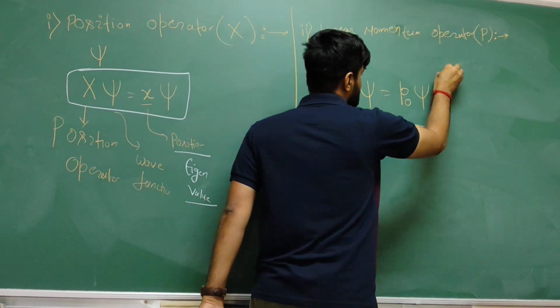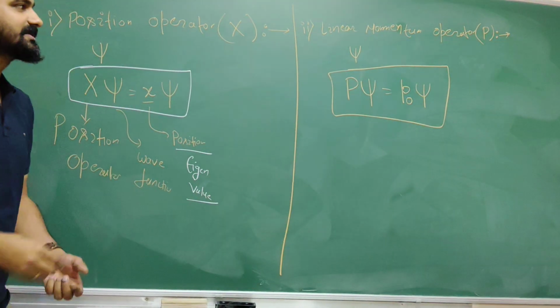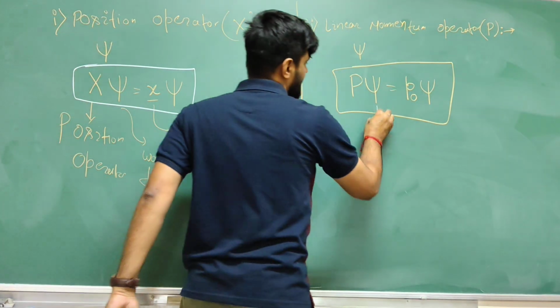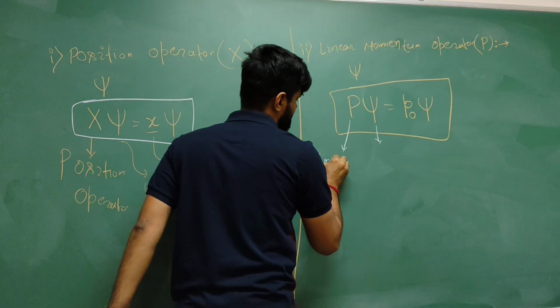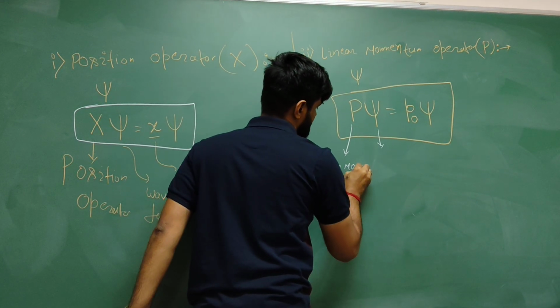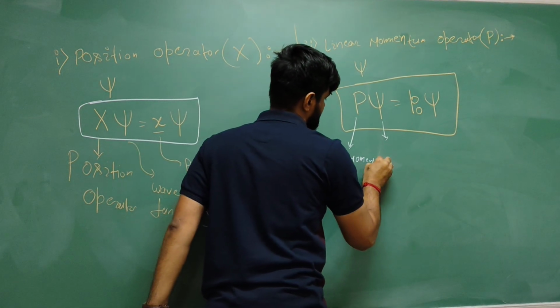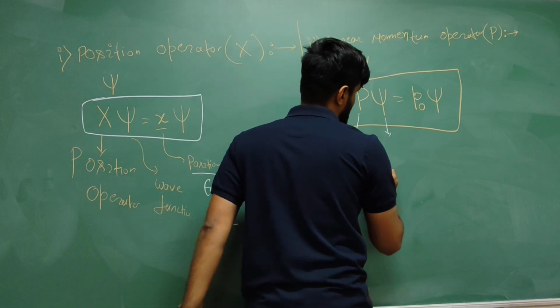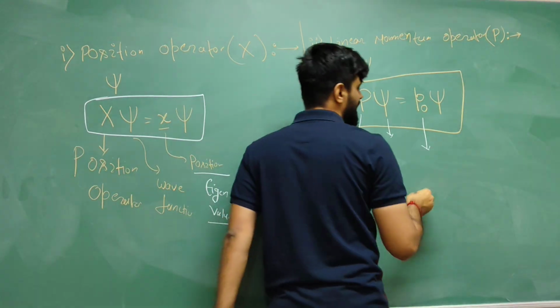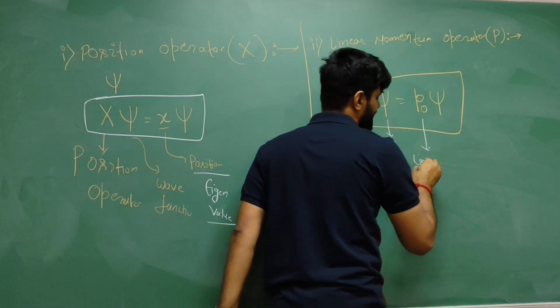Again, this is an eigenvalue problem. This is your function, this is your operator, and this is the linear momentum of the particle. That is the measurable property you want to calculate.